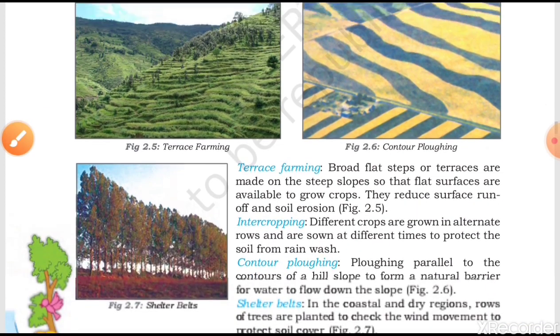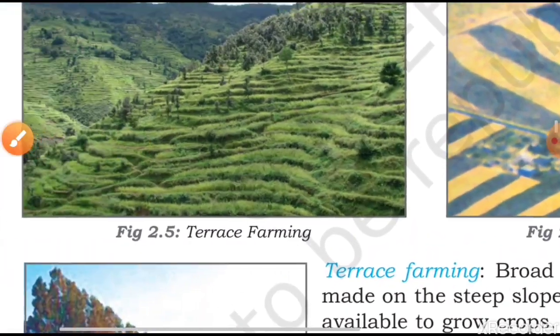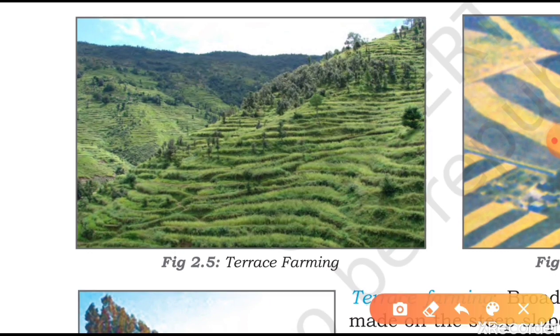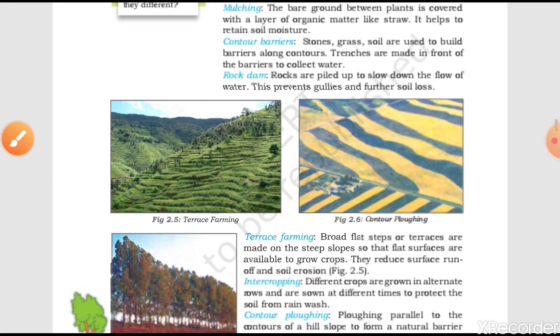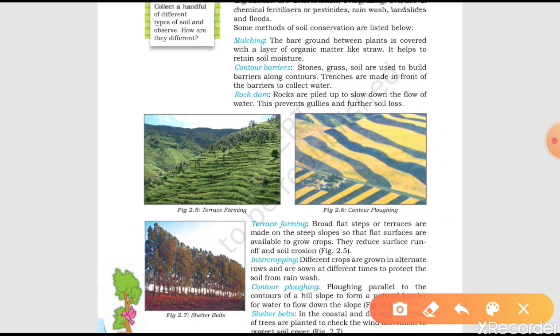Next is terrace farming. As you can see in this beautiful picture, on these slopes of the mountains, the slopes are cut into steps so that water retention is done. Let me explain it with a sketch.